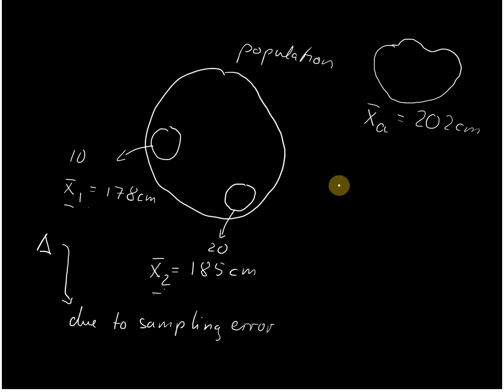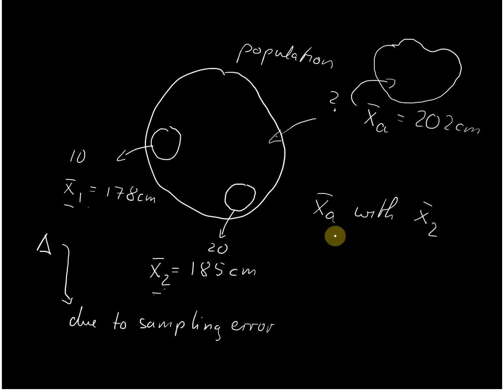And now my question is, is this average of 202 centimeters also just a member of this population, or is it of a different population? So this is the big question mark in a way. Or I can phrase that in another way. I can say, for example, I compare X bar A with, say, X bar 2.